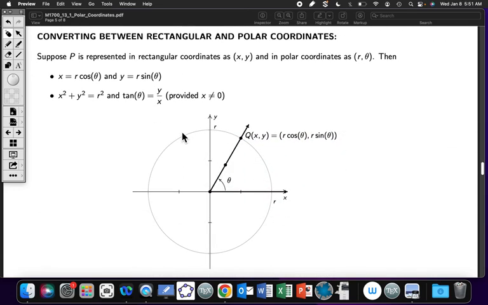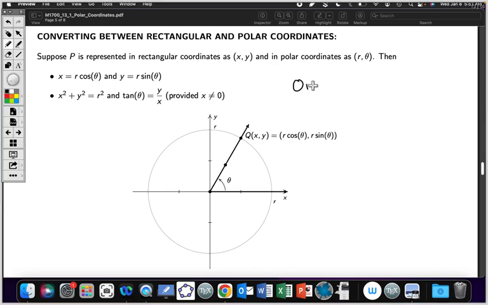Okay, so here's what we do to marry the rectangular system with the polar system. We basically identify the origin with the pole, and the polar axis is the positive x-axis. Okay. Now, if we do that, we've got our r and theta here.